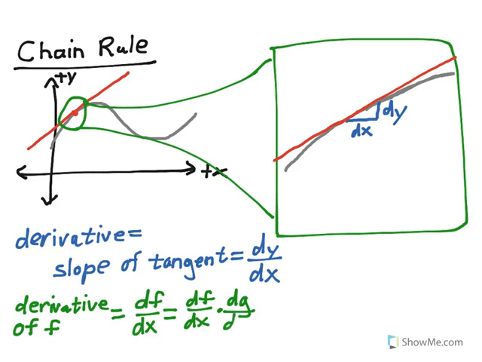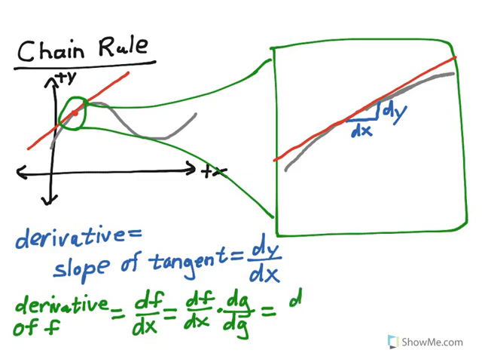So if we multiply this by dg over dg, we're really not changing the value, right? Anything divided by itself is 1. So really all we're doing is multiplying by 1. Multiplying by 1 doesn't change the value. And then multiplication is commutative, so you can switch around the order.